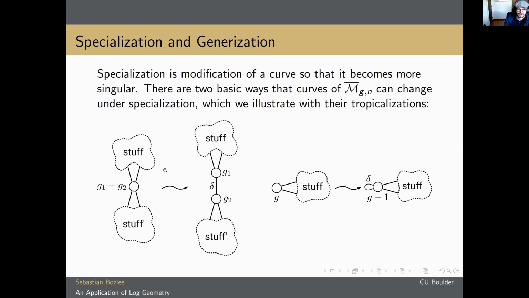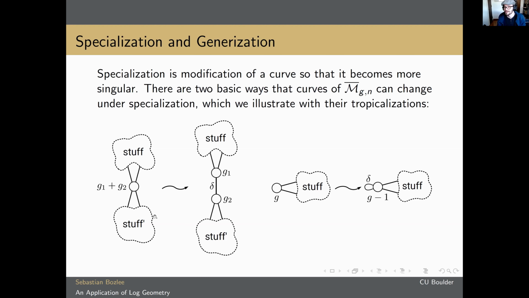The first thing that can happen is we can take a node and insert an edge. Part of the genus of that node will end up on one new component, and part of that genus will end up on the other new component. The edge will have some length. Some of the stuff connected to the curve will go on one new component, and the rest will go on the other.